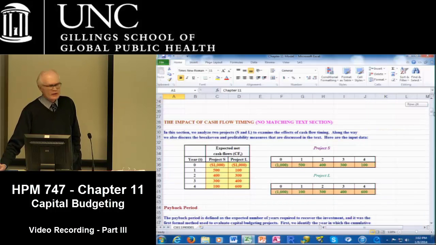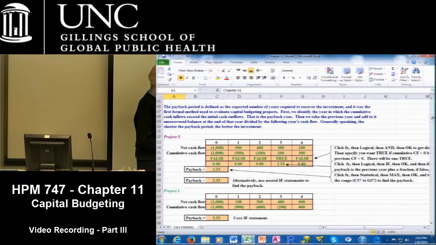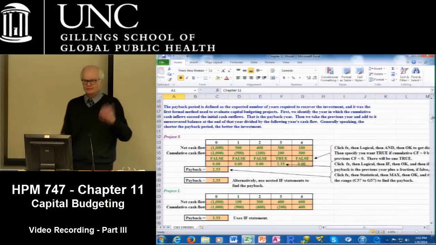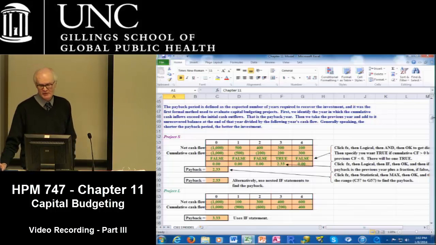So there's an incredibly complicated model to calculate payback using true-false statements. I think it's easier just to eyeball it personally, but you're welcome to use this model if you like.